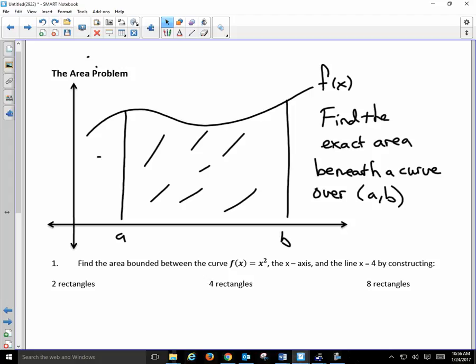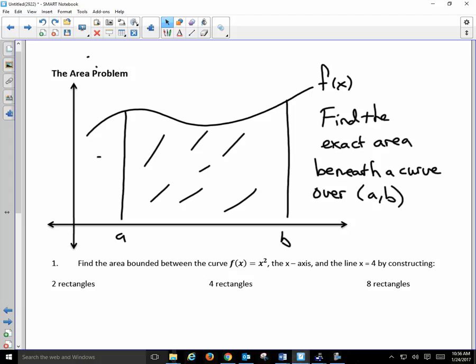This is different. Now, the big idea is how do you find the exact area bounded underneath the curve, especially when that curve does not fit the shape of a circle or a trapezoid or a sector? How do we find that exact area? Yesterday, you guys were working. You were drawing some shapes. You were doing pretty good work. At the end of the day, you were merely coming up with estimations.